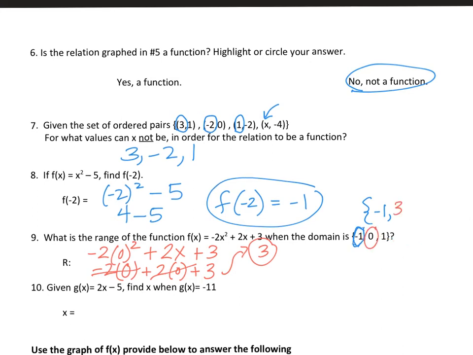All right, so lastly, I'm going to do this last domain in green. We're going to plug in 1 for our x value. So we have negative 2 times 1 squared plus 2 times 1 plus 3. Okay, we got to do the exponent first.